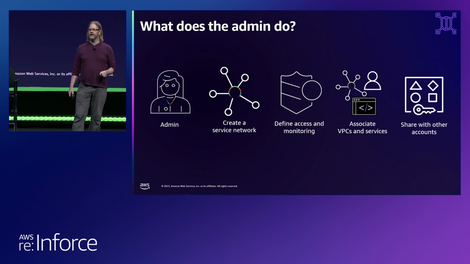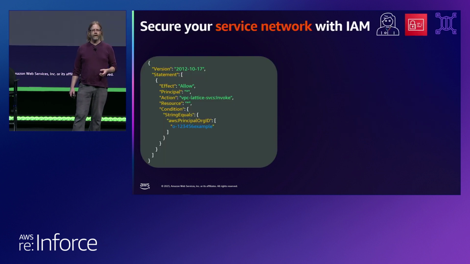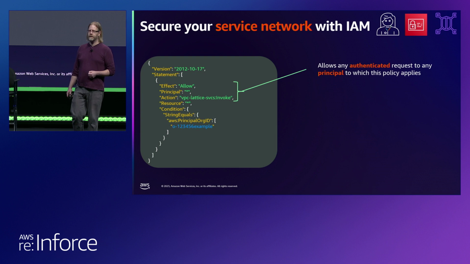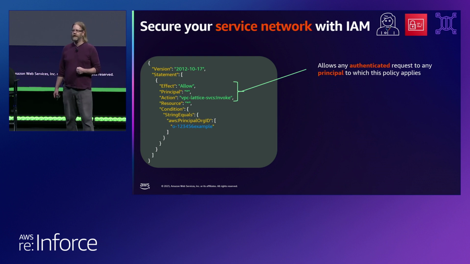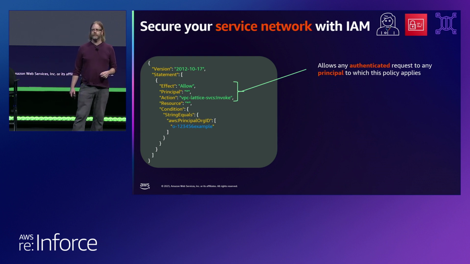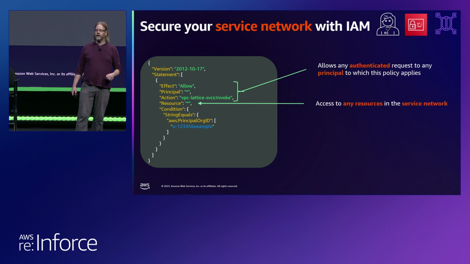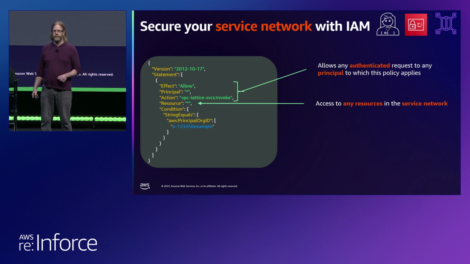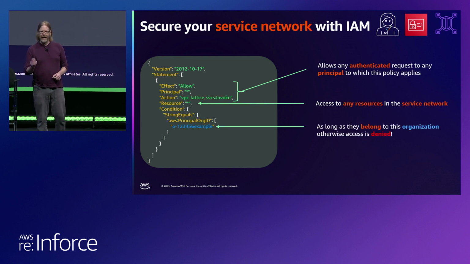So let's dive in a little bit of what the policy would look like, something simple that the administrator would set up. So here we have an IAM policy, right? And we're basically going to say we're going to allow any authenticated request to any principal to which this policy applies. We're also going to allow access to any resource in this service network, but they have to be a part of our organization, right?